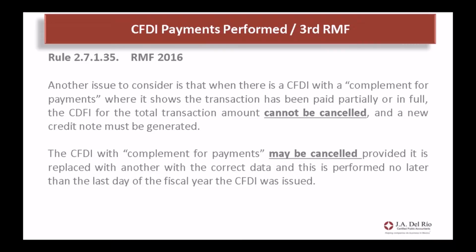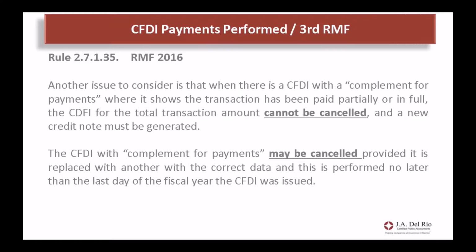The second part of this screen says that the CFDI with the complement for payments can be canceled if it's going to be replaced by another with correct information. However, they are also putting a lock, and this cannot be done later than the last day of the fiscal year that the CFDI was issued.